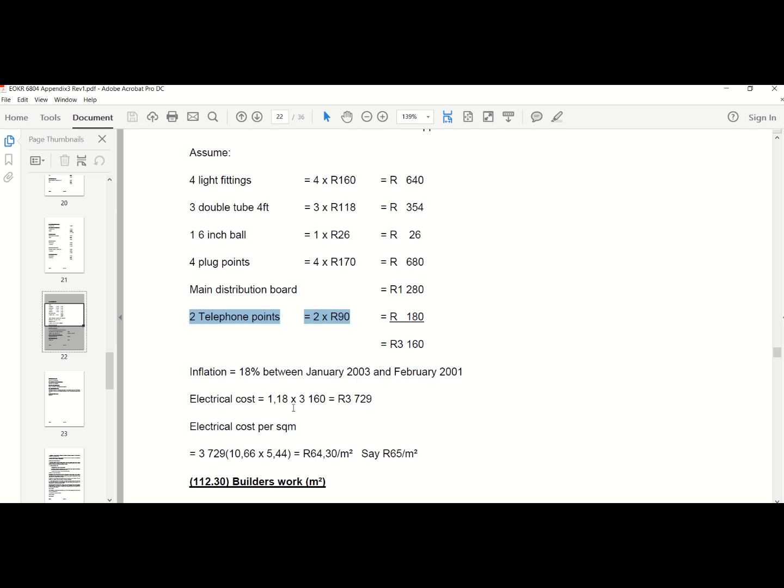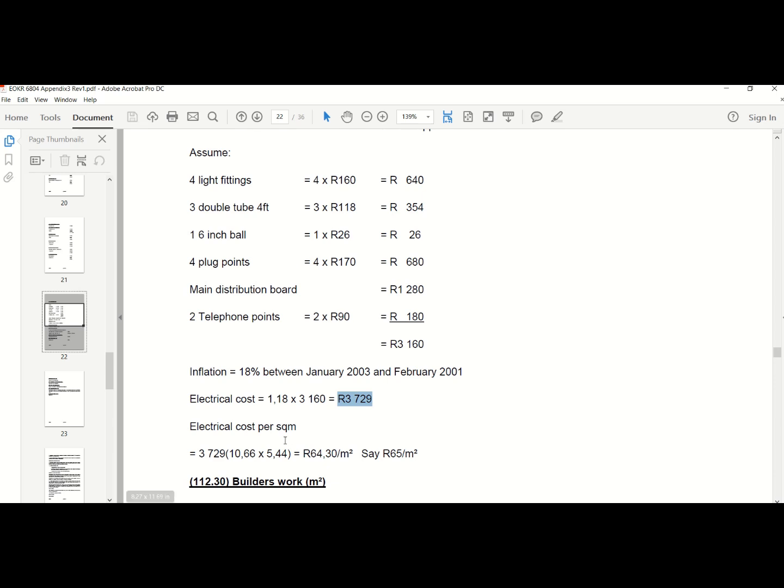Okay, so here they got electrical cost, so they used old rates and then they just escalated that to a new rate. So that is applicable if, for instance, you've got a bill of quantities that was done in 2016 and you want to escalate it to 2020 to get to a rate.